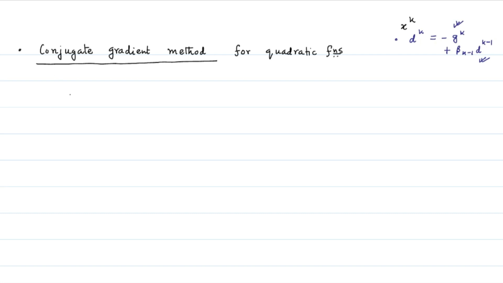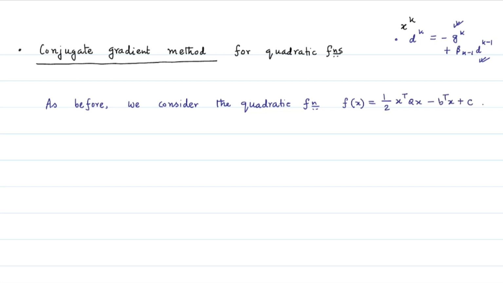In the development of conjugate gradient method, as before, we start with considering a quadratic function f(x) equal to half x transpose Qx minus b transpose x plus c, where this matrix Q is a positive definite symmetric matrix. To locate a minimizer of this quadratic function, our first search direction from an initial point x0 is the direction of steepest descent.